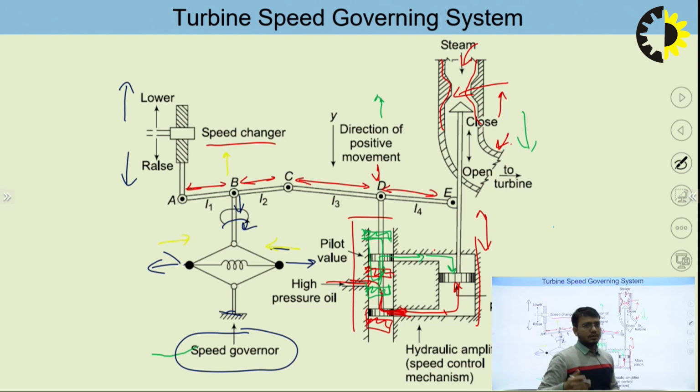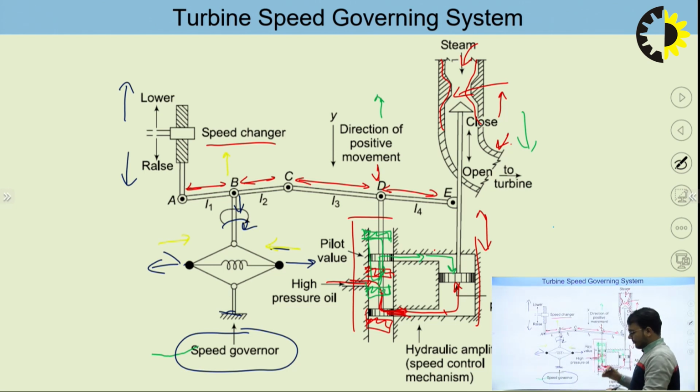So whenever it moves upward, there is a change in the position of this valve. Okay, so this is how the speed governor for controlling the frequency works, right?